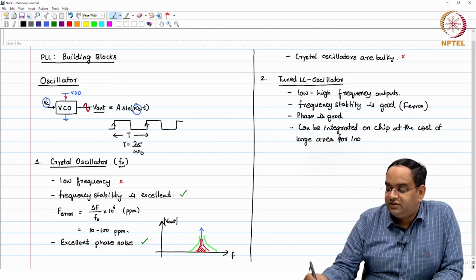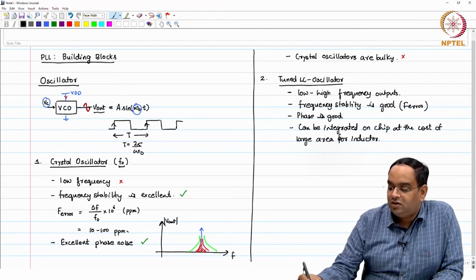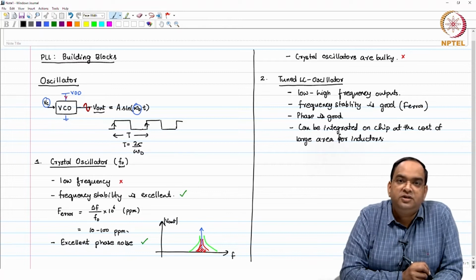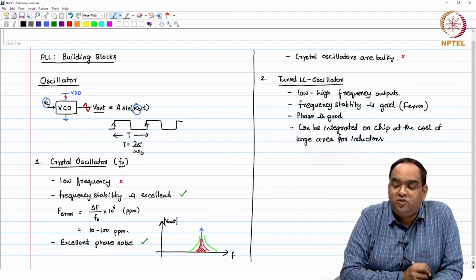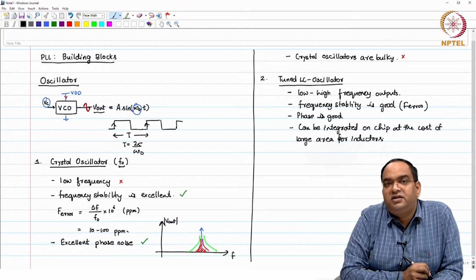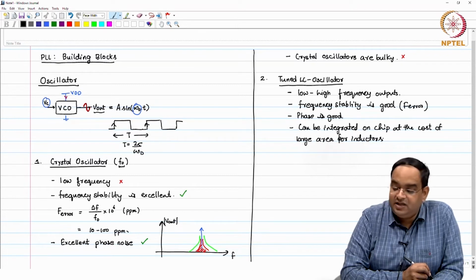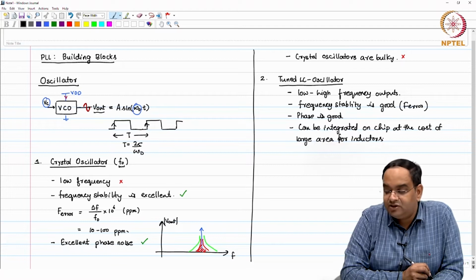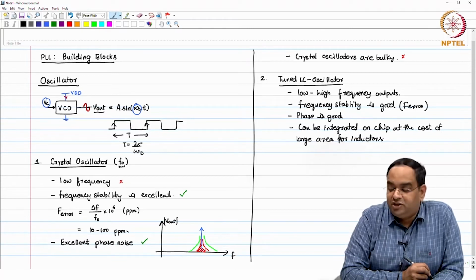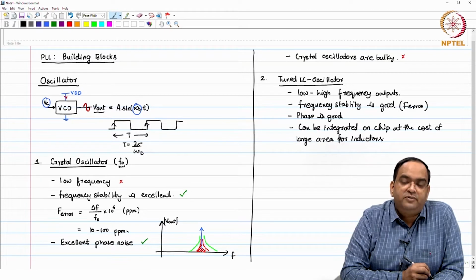So, as you go to the lower technology nodes where the price per unit chip area is quite large, integrating these inductors may not be an option always. Initially the inductors were kept outside the IC because they were huge. As the silicon got cheaper, we have started integrating the inductors on chip also. So, it completely depends on the value of the inductor which you are having, whether you will integrate on chip or put it on board.